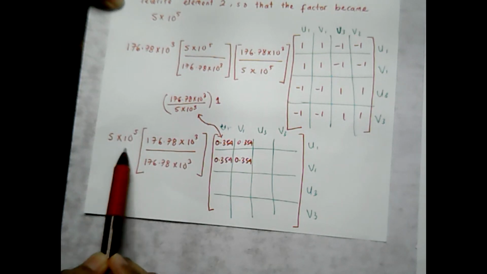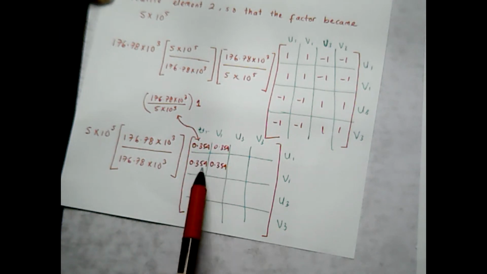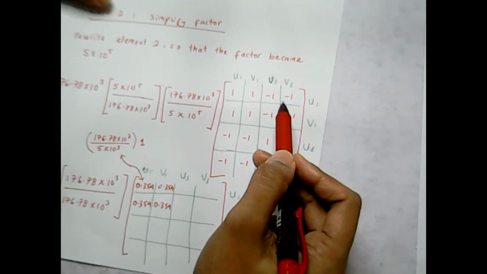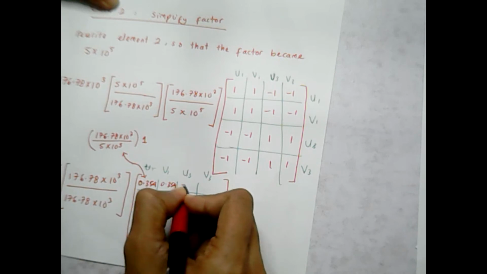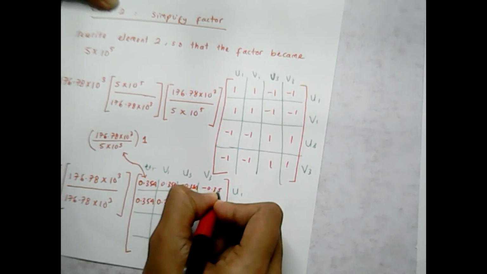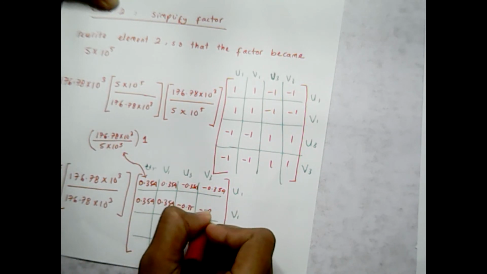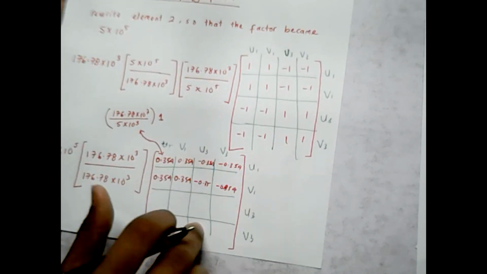Therefore you get the factor 5 times 10 to the power of 5. So you get 0.354, 0.354, and here this will be negative 0.354, negative 0.354, 0.354, negative 0.354, and the rest.